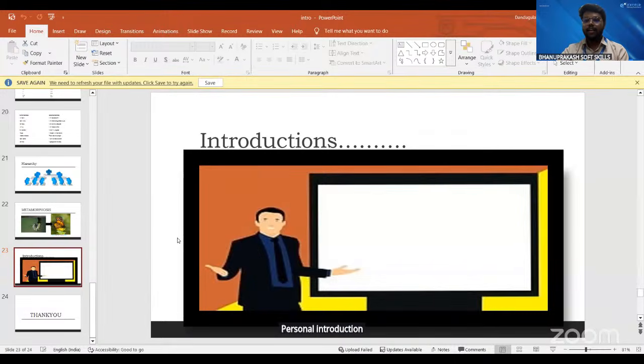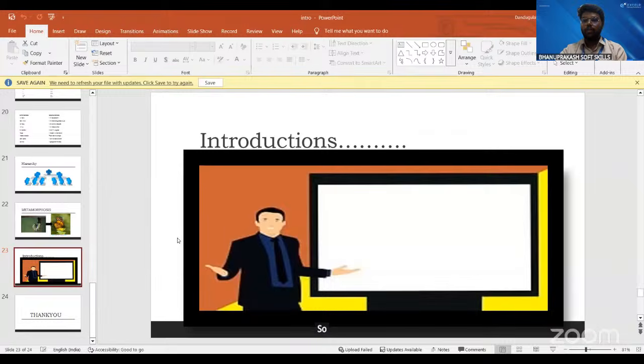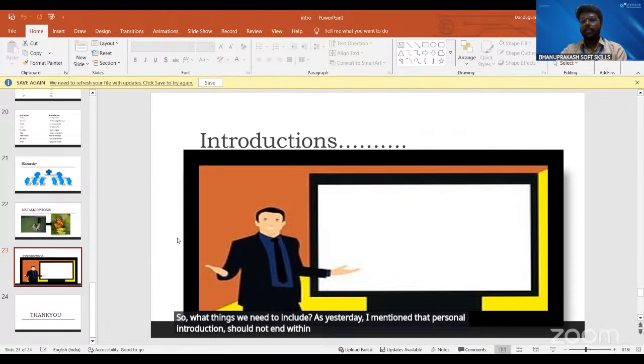This question is common in each and every round of interview, and you can expect it as the very first question. So what things do we need to include? As I mentioned yesterday, a personal introduction should not end within 10 or 20 seconds. To make it a long introduction, like a 1 minute introduction, what things do we need to add?